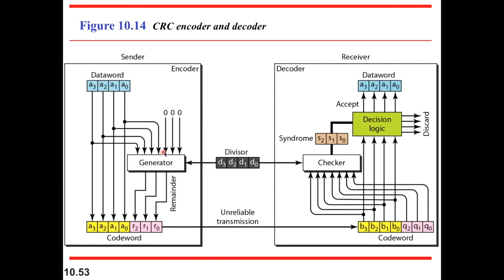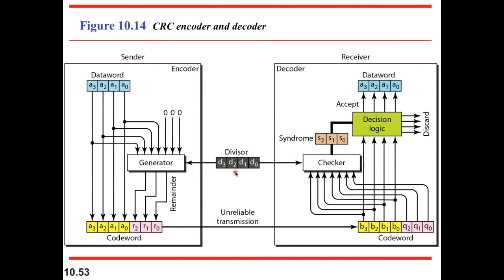And then I will give this new number to a generator, a software. Its name is generator or encoder, like I showed you at the start of this chapter. The generator will divide this number which I input to it with the divisor. You, the receiver, and I, the sender, both agreed that we will use this divisor.